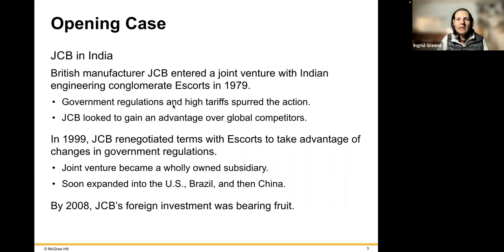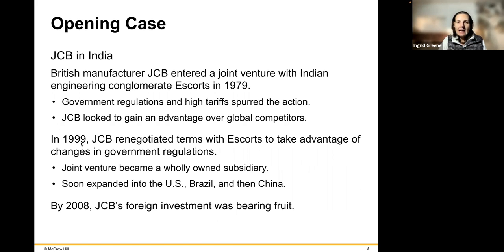So there were government regulations and high tariffs that forced them to do that. They couldn't simply ship their construction equipment to India, and they couldn't just open up their own company in India because, as I said, the government had a rule against that. So JCB looked to gain an advantage over global competitors by having this partnership with Escorts.